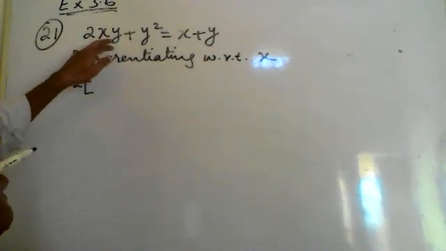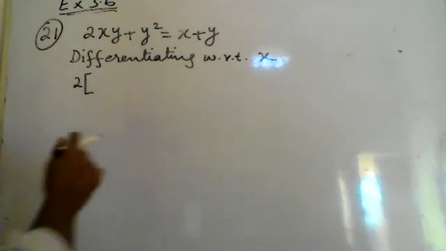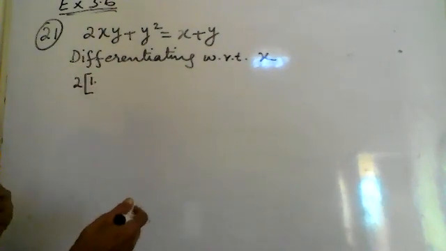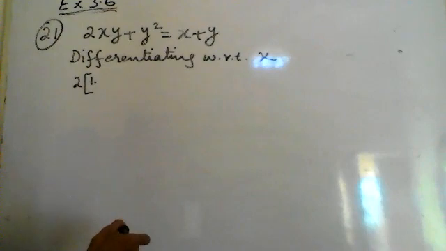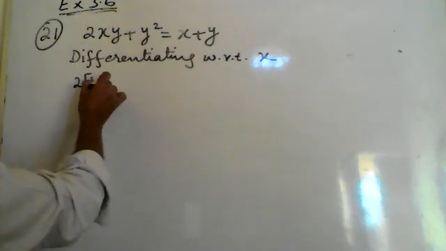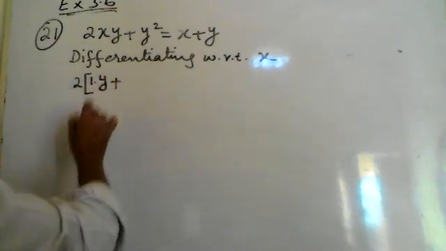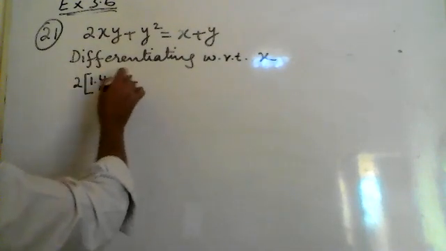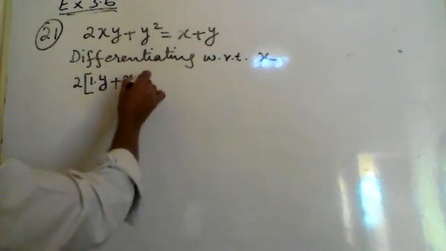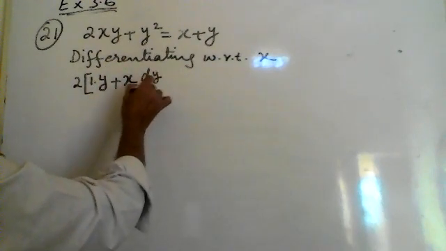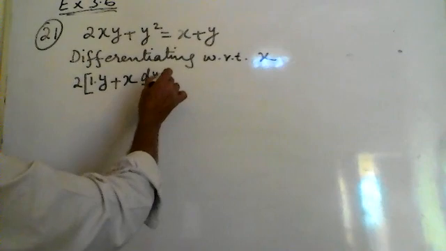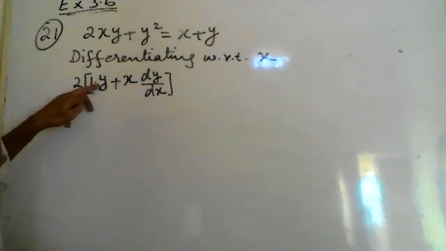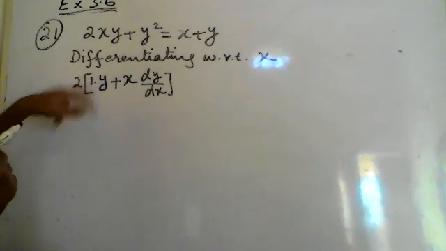There are two functions, u into v. So derivative of the first function x is 1 into dx upon dx, I am not writing, into the second function y plus first function is written as it is. Derivative of y is dy upon dx. Here also dx upon dx can be written, but they cancel each other.